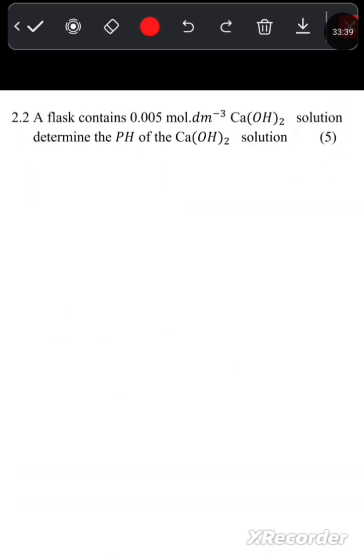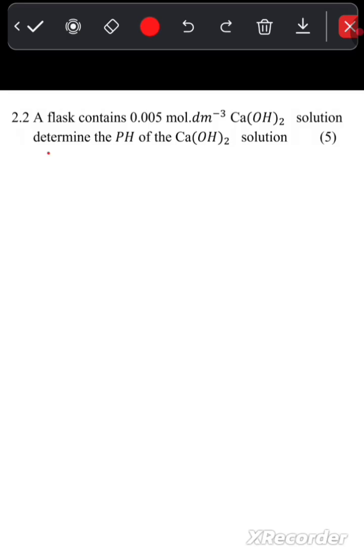Now it says a flask contains this concentration of calcium hydroxide, which is a base. Determine the pH. We use what? We cook the base.